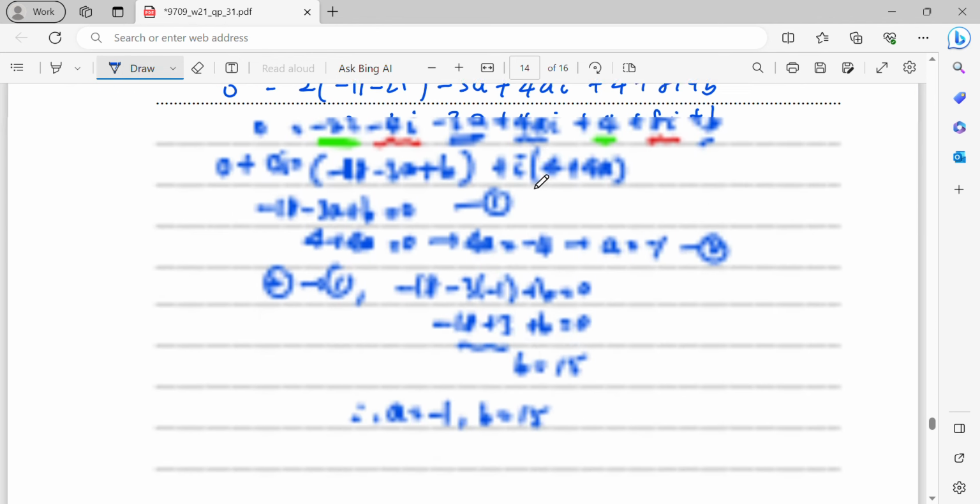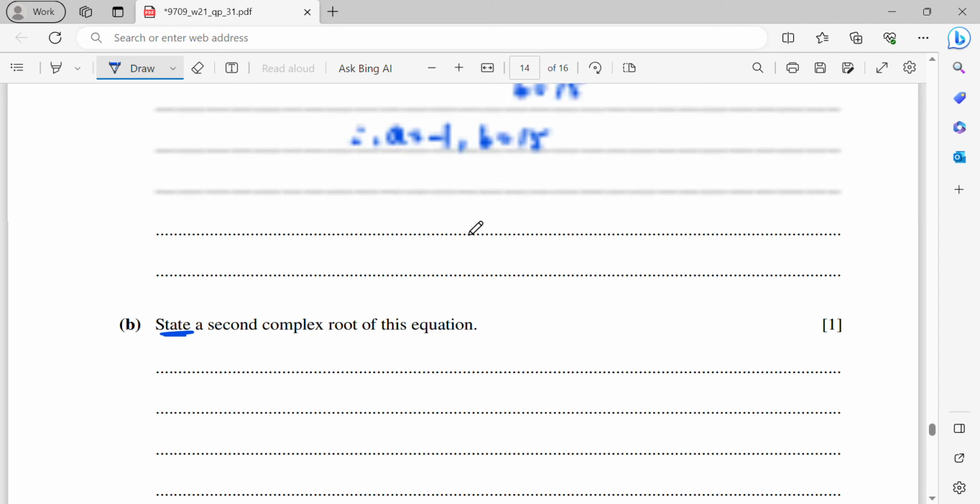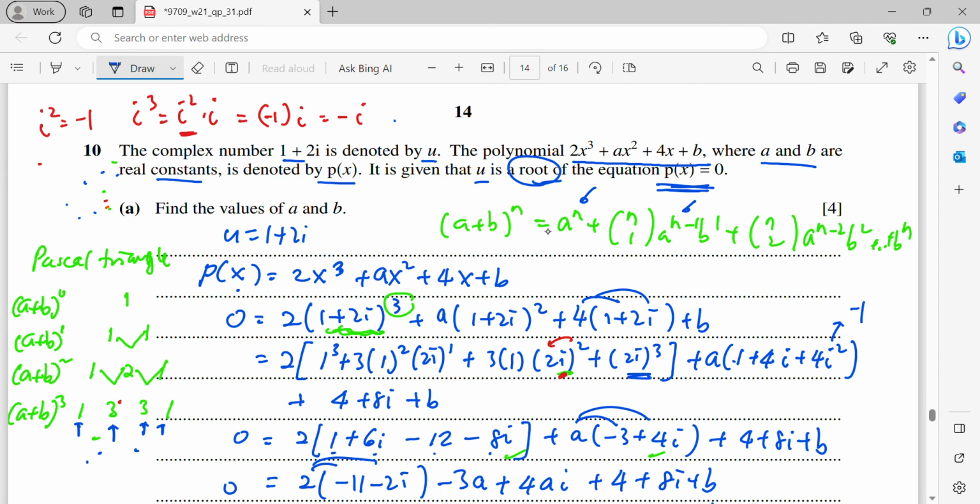Find the values of A and B. Now state a second complex root of this equation. So now since we know that the first complex root is 1 plus 2i, and the coefficients for the x in the polynomial are real numbers, therefore the second complex root should be the conjugate.